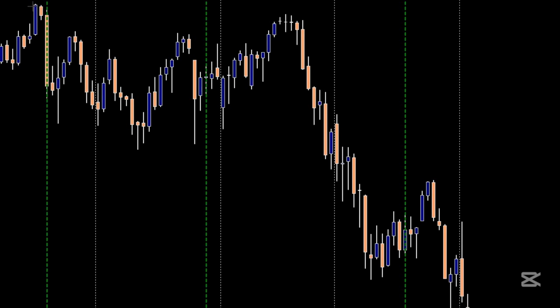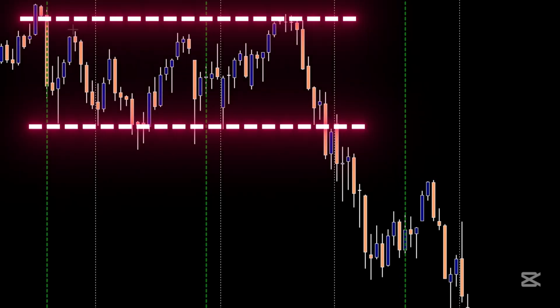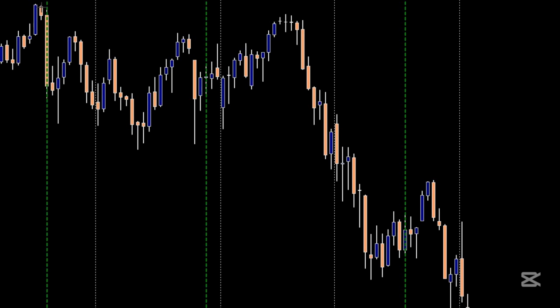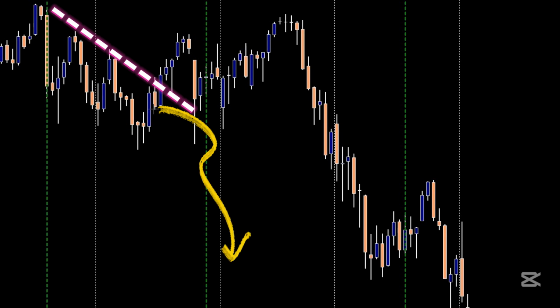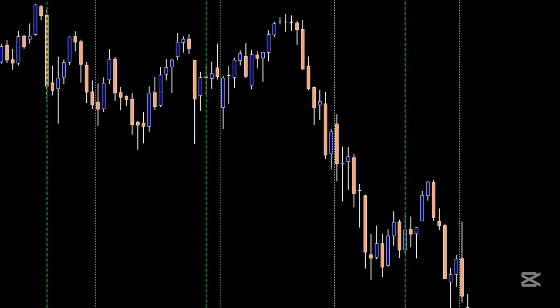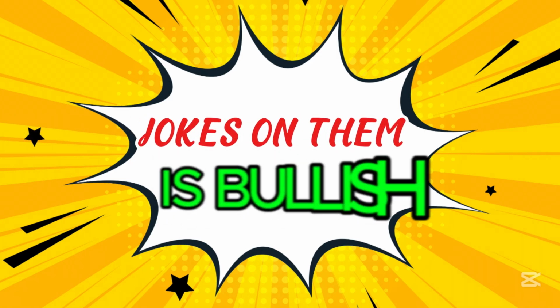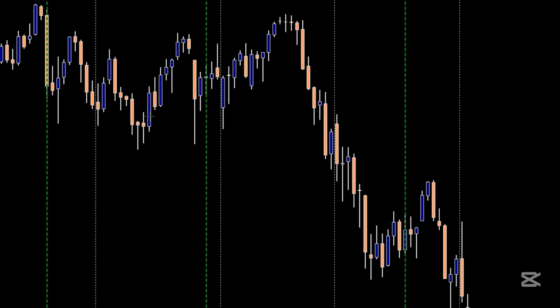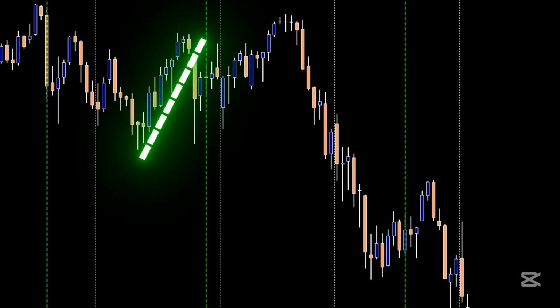People that put support and resistance lines and trend lines, if you put a trend line over here, they will think that this is a signal for a bearish movement and they will keep wanting to sell and move down. But it is the exact opposite, it is still a bullish movement, and I'll show you why.